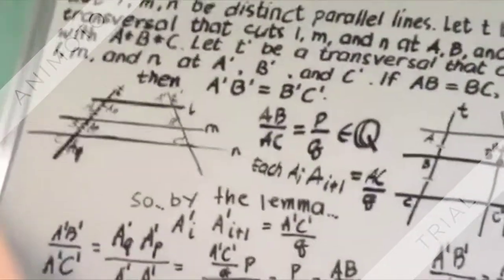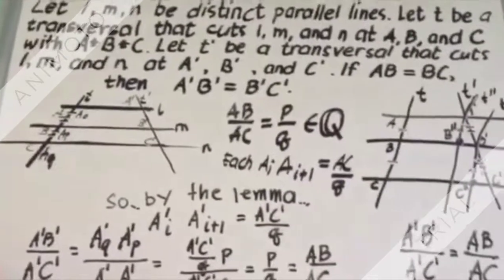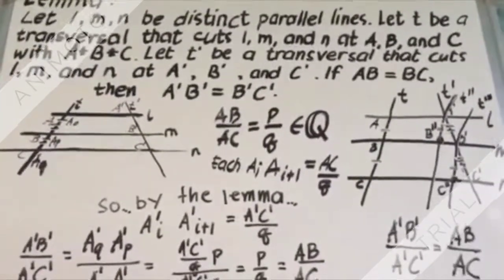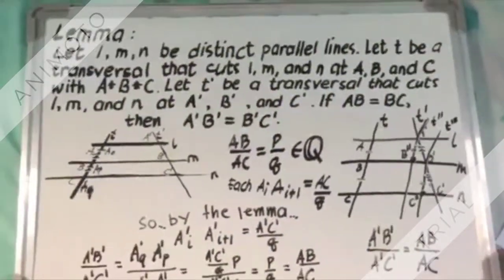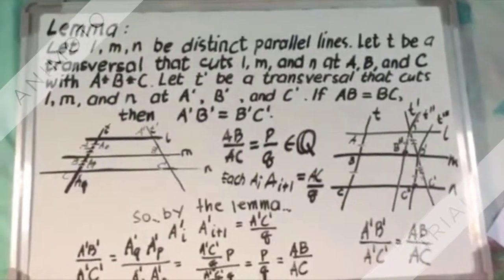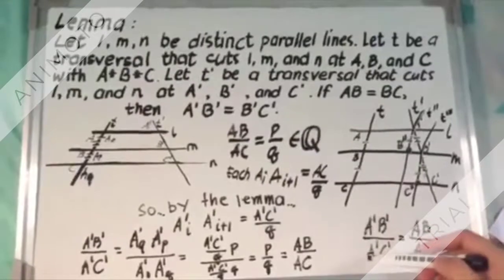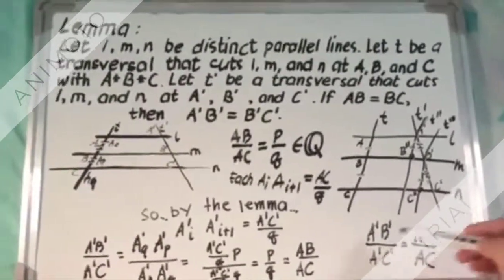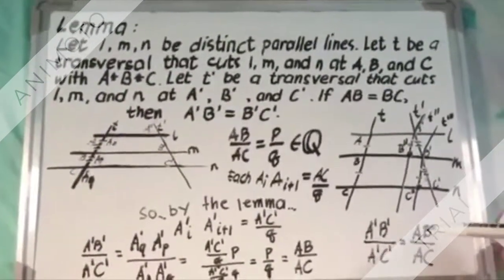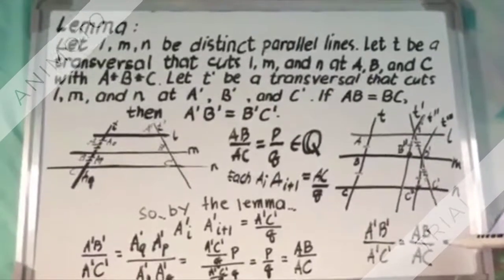So that's the end of our parallel projection theorem together with similar triangles. Before I end, I just want to clarify that A prime B prime over A prime C prime is equal to AB over AC.